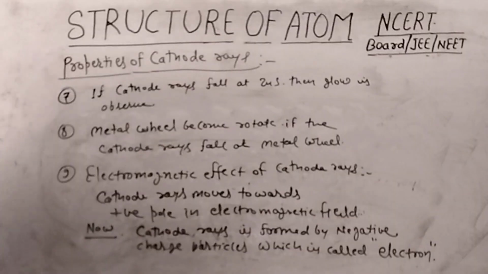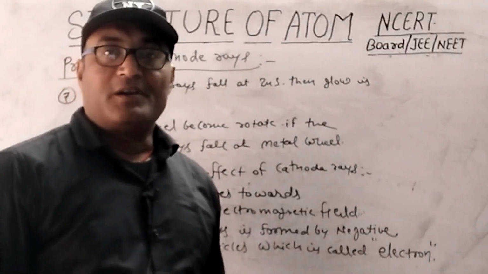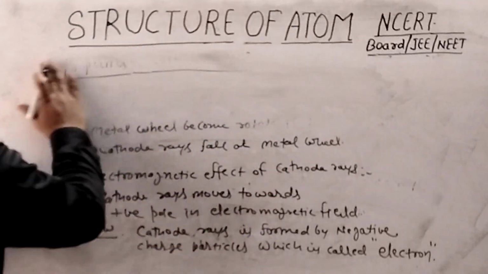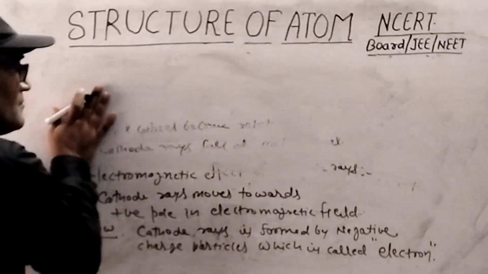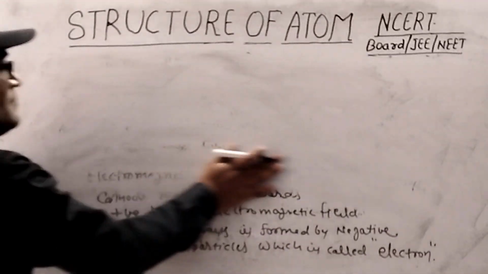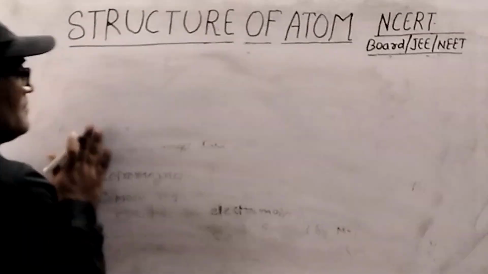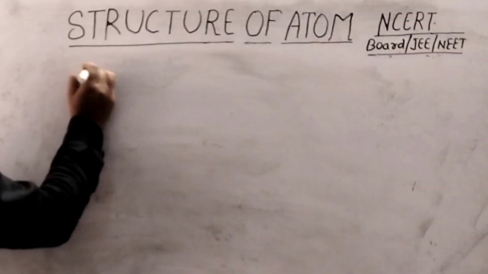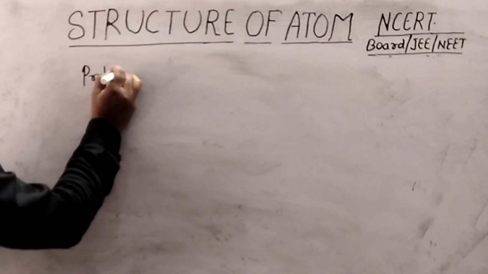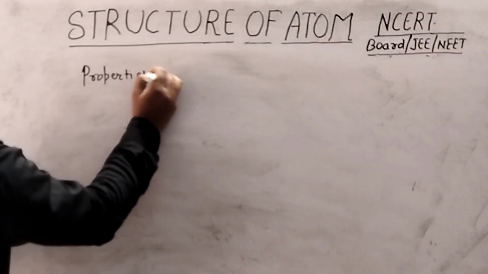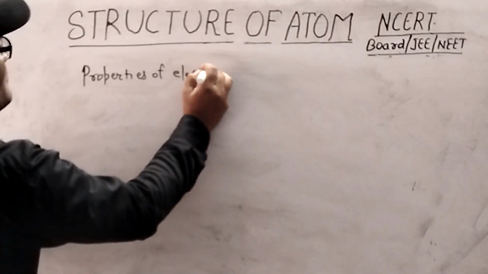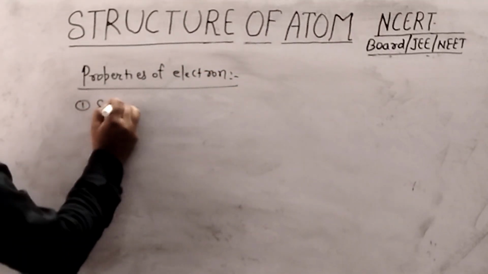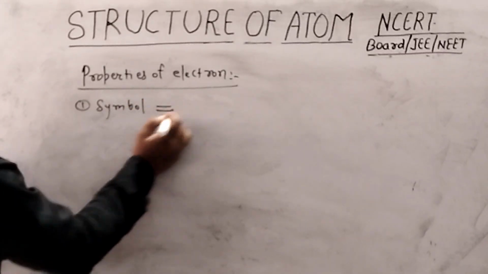Now we will discuss the properties of electron. First we write here the symbol of electron.